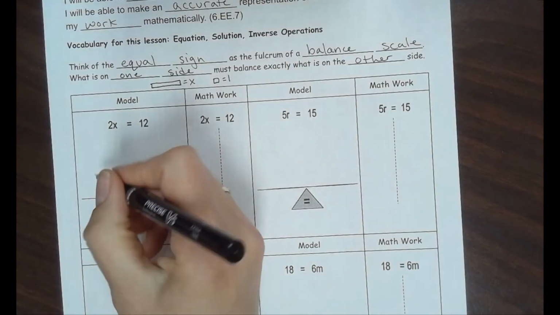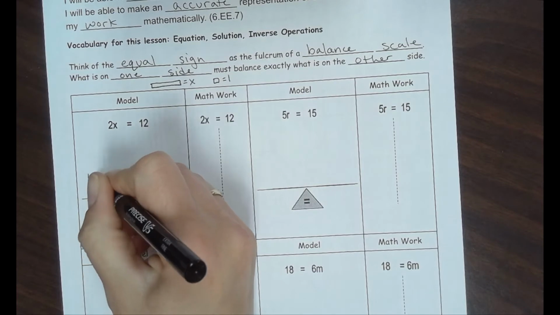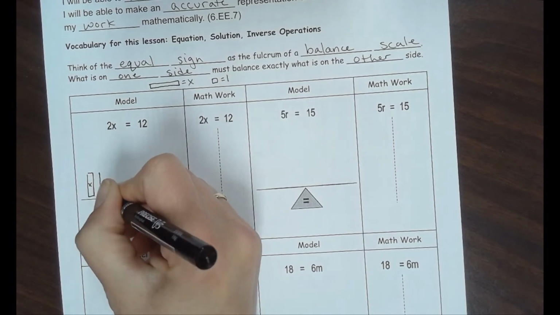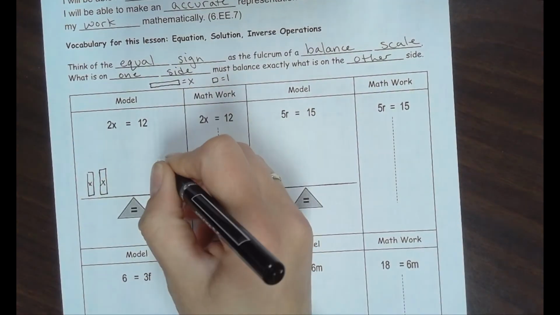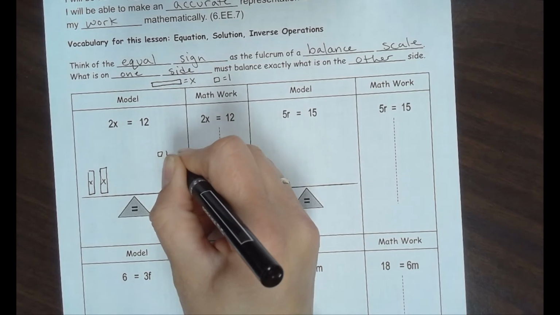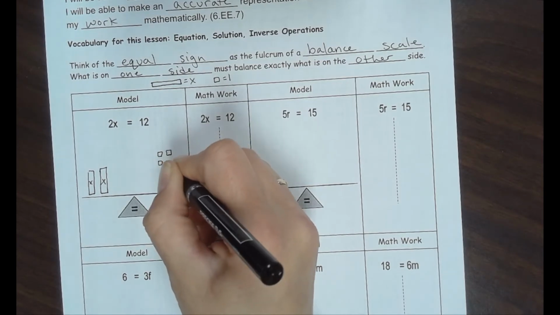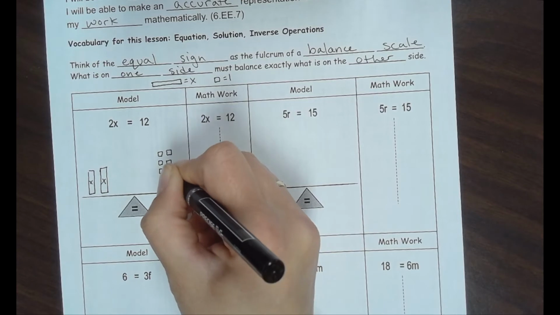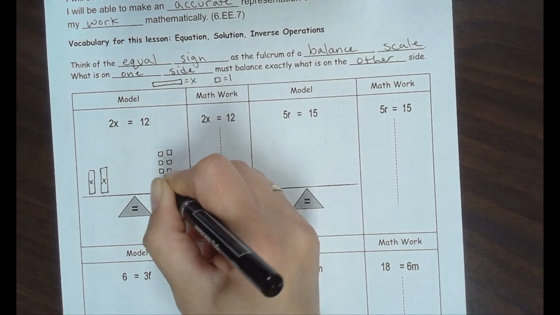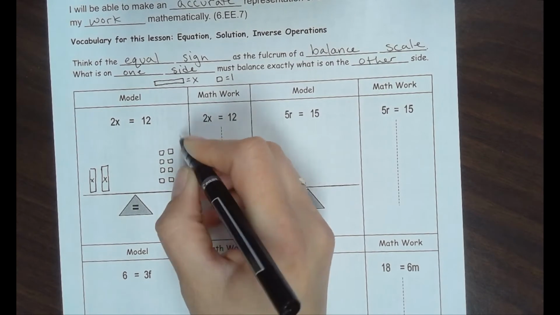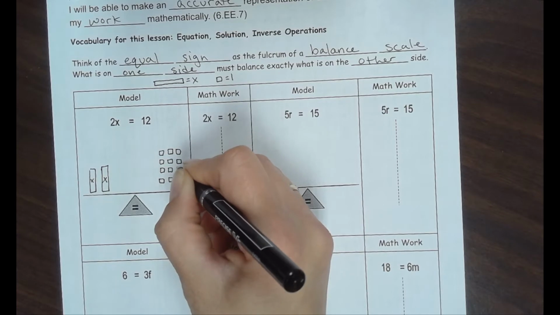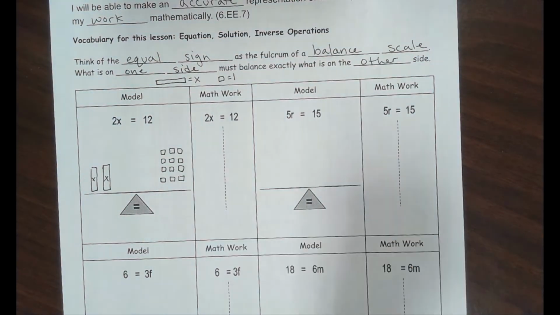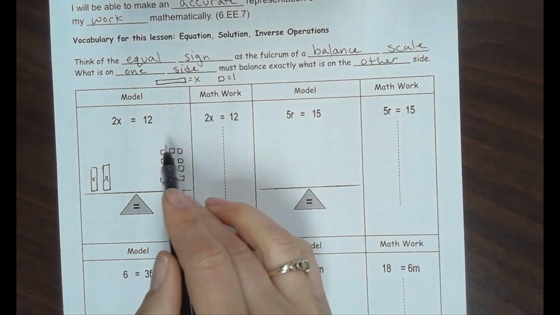So, if I'm going to model 2x, on this side of the balance we have 2 x's. On this side we have 12 little squares.